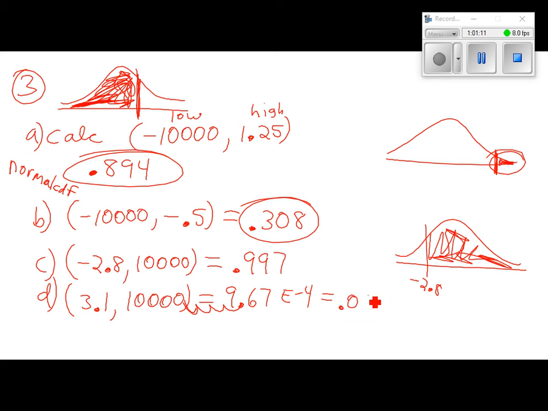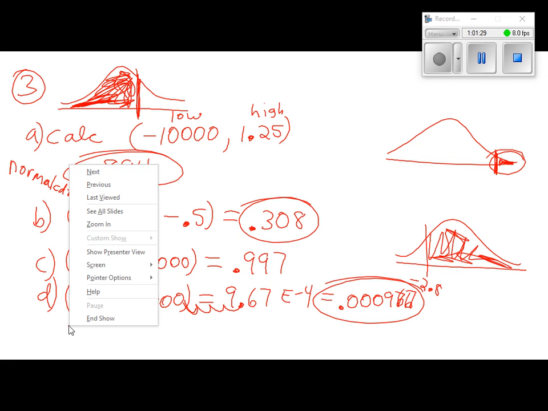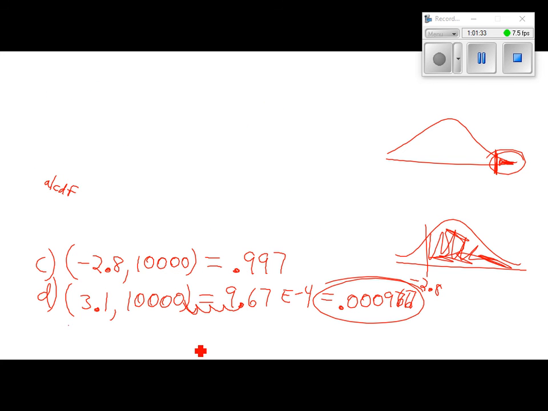So it's going to be 0.000967. Is that a very small amount? Very. It's not even a tenth of a percent. Very good.